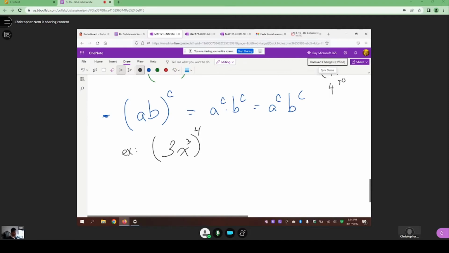Well, how do I calculate that? If we follow our definition, this is going to be 3 to the 4th power. Remember, a and b are placeholders, but this time 3 is not a placeholder. The placeholder for a is 3. So that's going to be 3 to the 4th power times x to the 12th power. Where did I get that 3 from? If you don't see an exponent next to it, there's always assumed to be a 1.